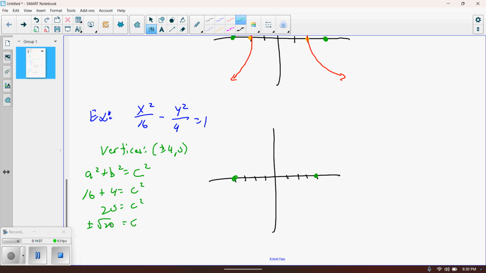And the square root of 20 is going to be someplace in between 4 and 5. So the foci are going to be right in here, right in there, pretty close to the vertex. And then we're going to go ahead and just sketch what that would look like on both sides. Okay, so that's pretty good for that one.